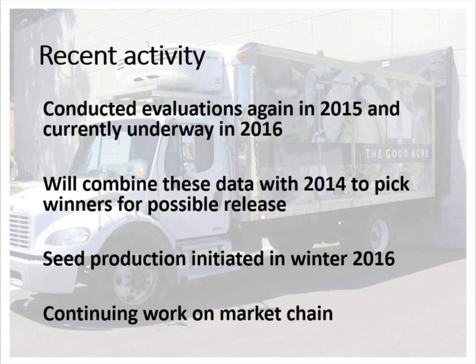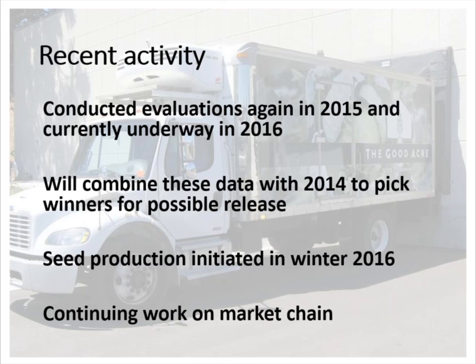We're going to combine those data with the 2014 data that I've already showed you, and our goal is to pick a winner. I would like to be able to come up with a Lena Cisco that's better adapted, and a Tiger Eye, and so on, Phrygian, and a Jacob's Cattle Gold that we can release in the upper Midwest as being better adapted versions. And so that's our modern heirloom, if you will.